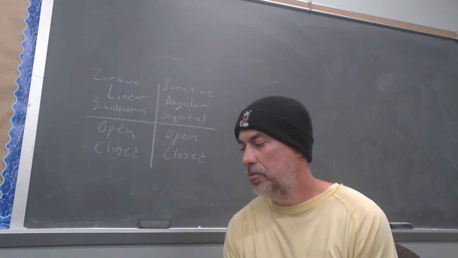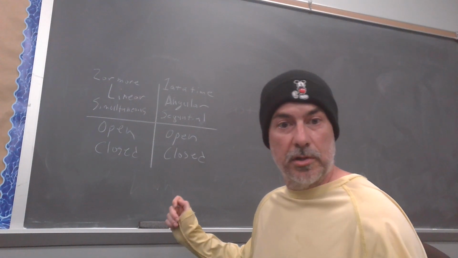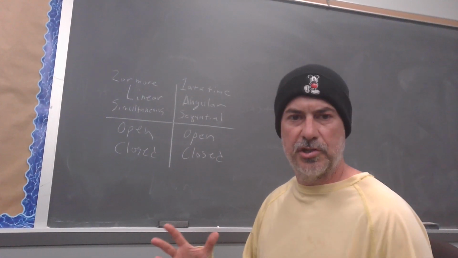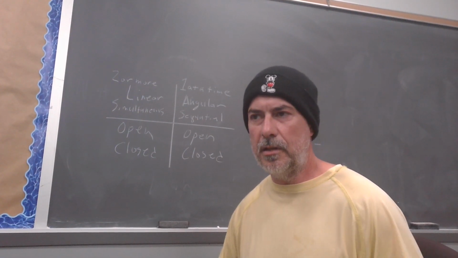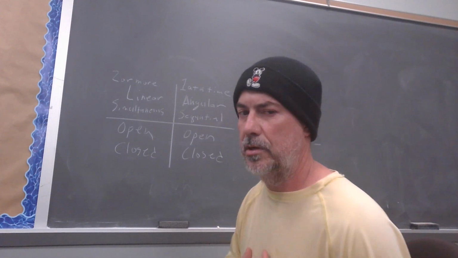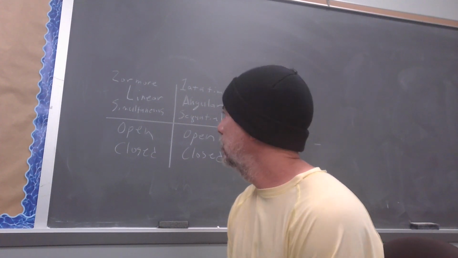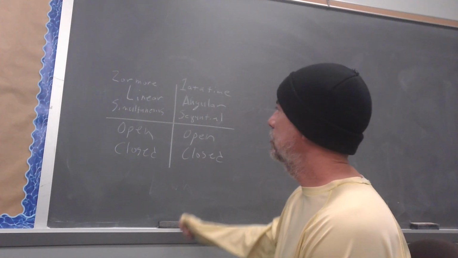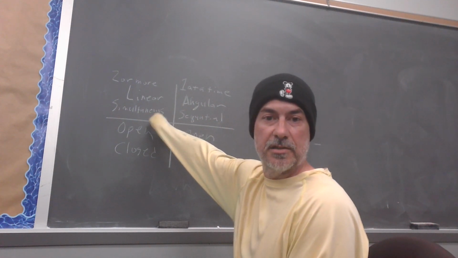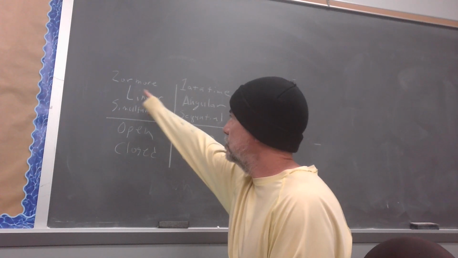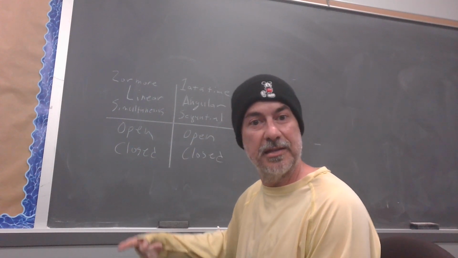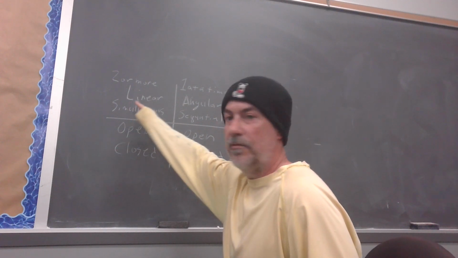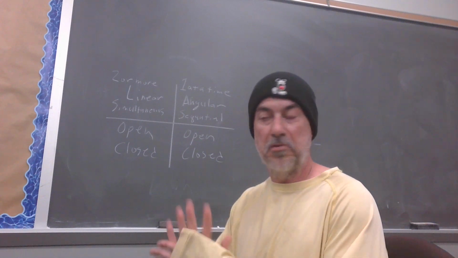Okay? So what I want you to notice with these common sense trends, open chain, distal segment moves about the proximal, closed chain, proximal segment moves about the distal, is that we have two main types of movement patterns. We have simultaneous movements, which is two or more joint motions happening at the same time. Very profound for linear motion of the distal segment.